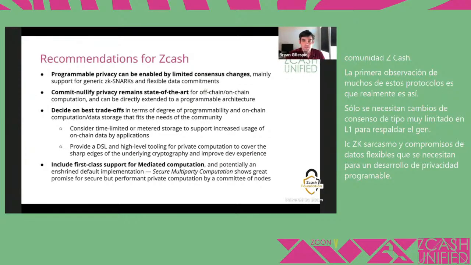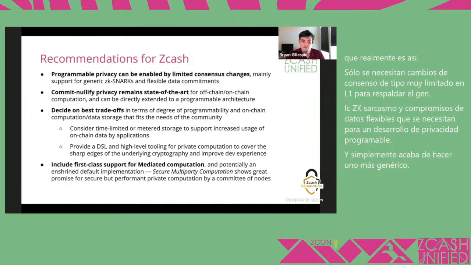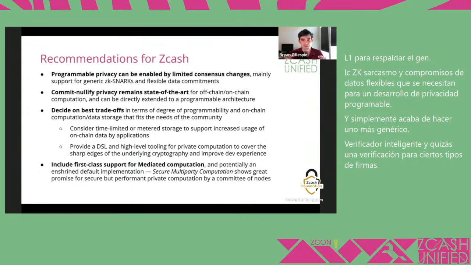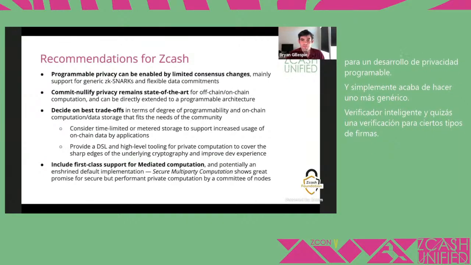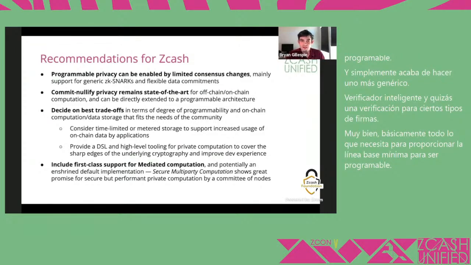Just making a more generic snark verifier and perhaps verification for certain types of signatures are basically all that you need in order to provide just the bare minimum baseline for programmable privacy on the network. The commit nullify privacy still remains state of the art for off-chain, on-chain computation.